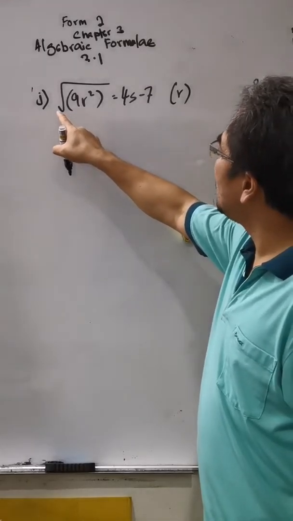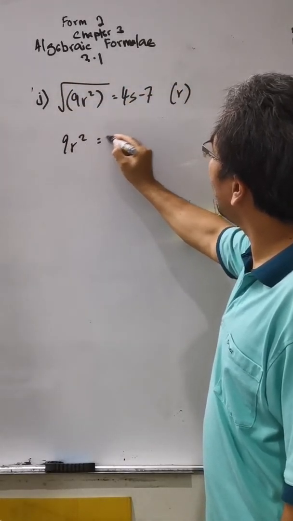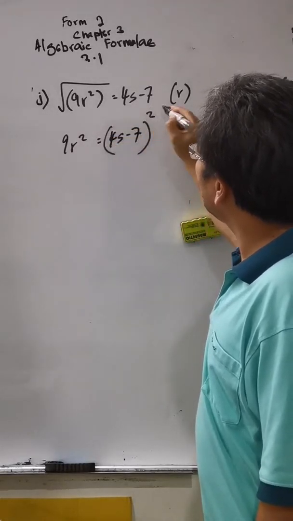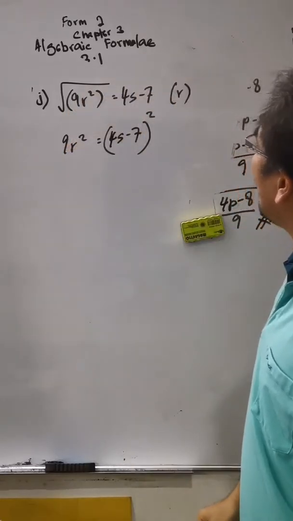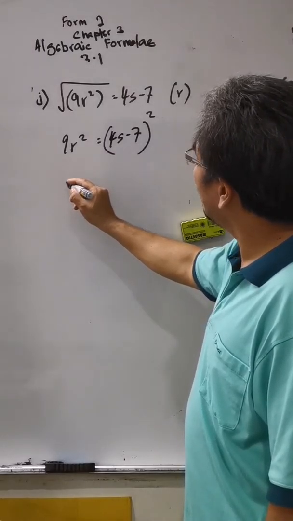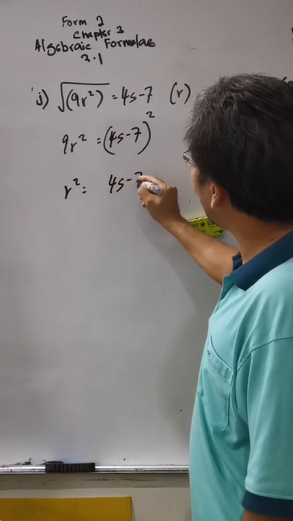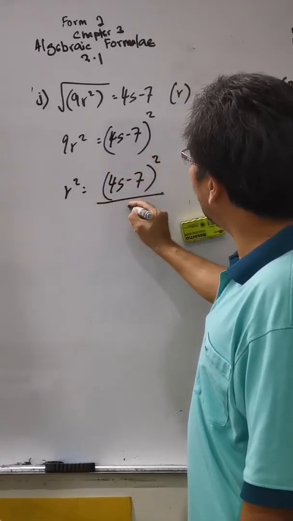So first here, you have to move the square root. So the square root, 4s minus 7, becomes squared like that. Okay, square root, to move to the other side, becomes squared. And then you move 9. So r squared equals (4s minus 7) squared over 9.